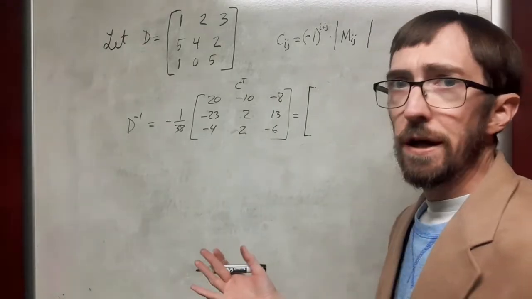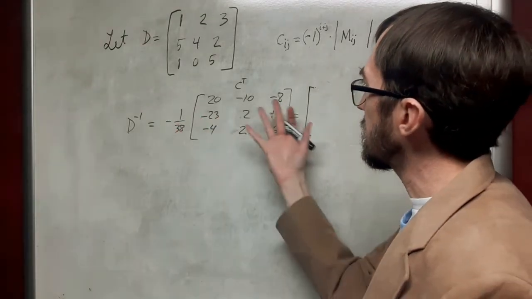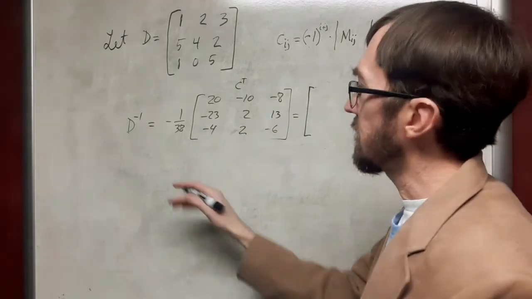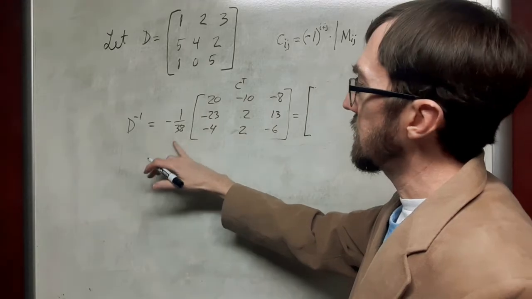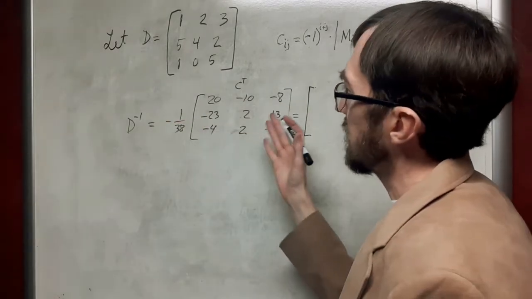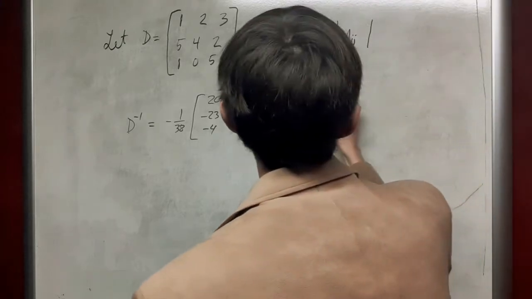We're going to have a lot of fractions now since everything in here is being multiplied by a fraction. We also need to watch for sign changes. This determinant was a negative, so the reciprocal of the determinant is a negative. So we're going to see a lot of sign changes in here.